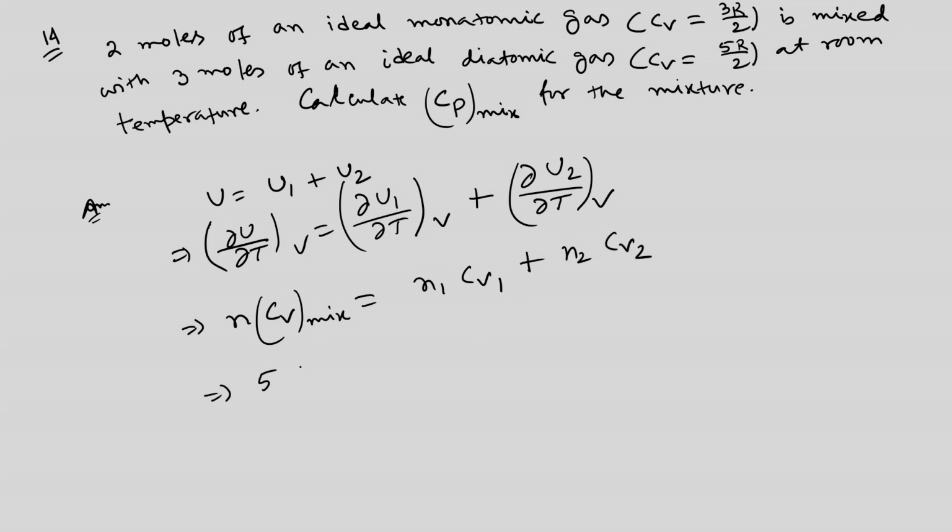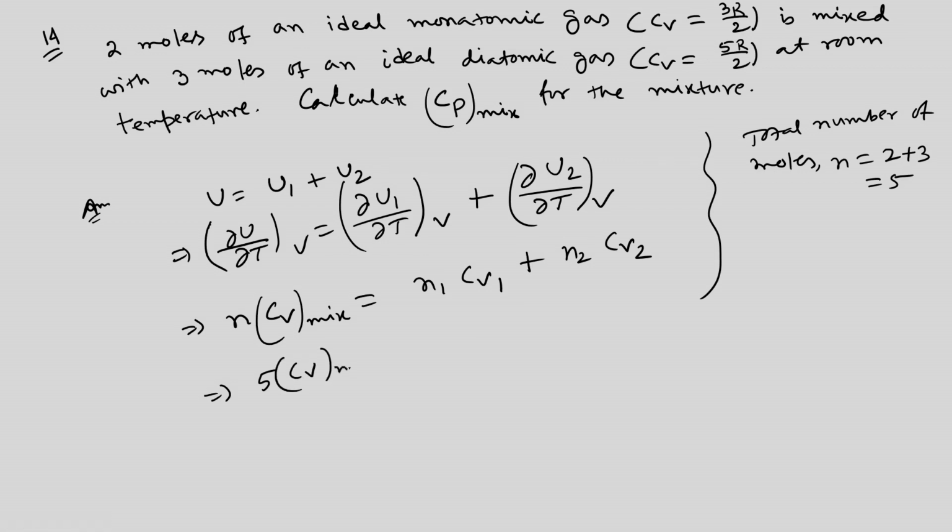So, the total number of moles N is 2 plus 3 equals 5. So, 5 times Cv mix is 2 times 3R by 2 plus 3 times 5R by 2.